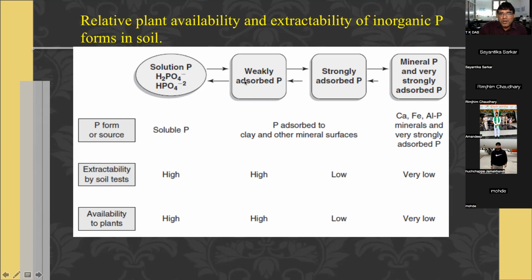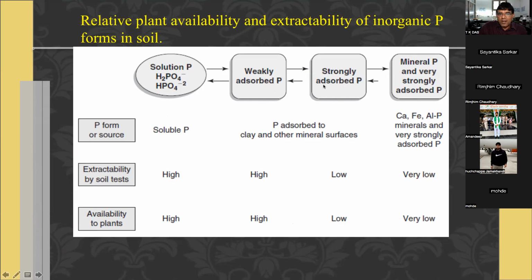And then number 2 comes weakly adsorbed phosphorus. Weakly adsorbed phosphorus is your labile phosphorus, and its extractability is also high. And you can see availability to the plant is also high. Third one is strongly adsorbed phosphorus.